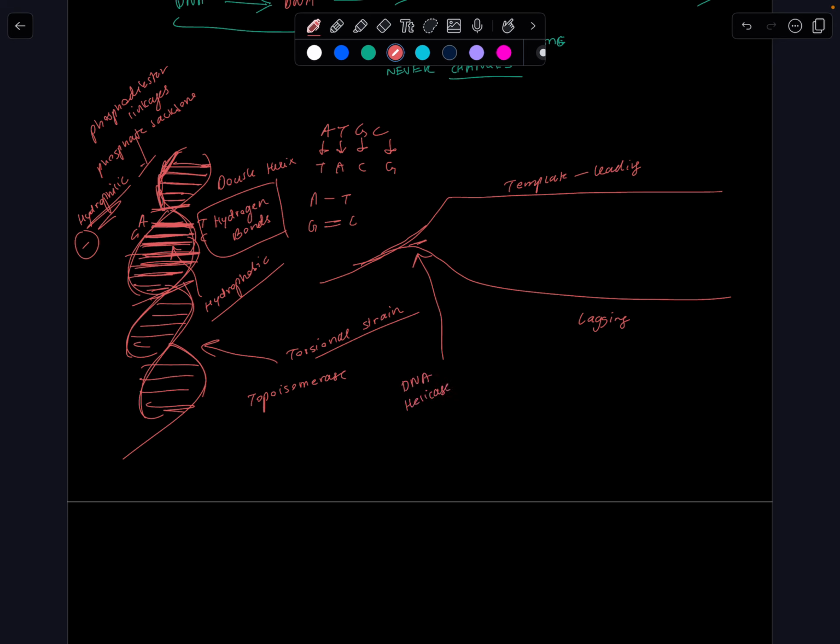I like to think of topoisomerase, T stands for torsion. DNA helicase, I think of like a zipper. It is basically unzipping the DNA and exposing all of these base pairs.